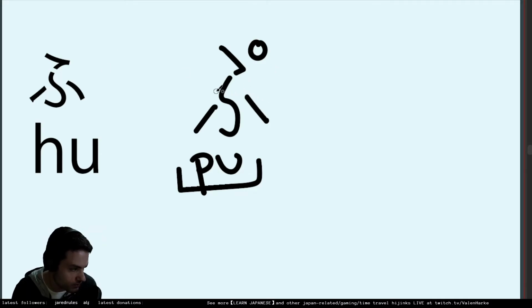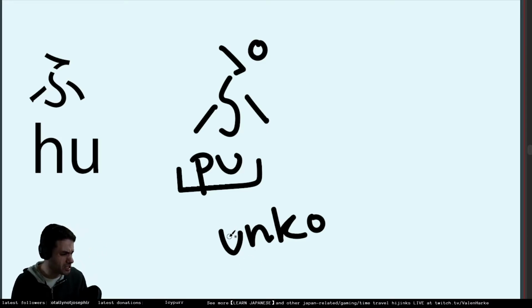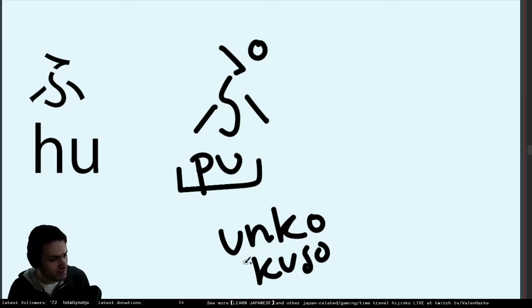And if you want to say poop in Japanese, there's actually a lot of different ways. And your old pal, Professor Valen, is not teaching you that unko means poop. He wouldn't do that. No, but wait, Valen, I watch anime all the time, and they always say kuso. Yeah, well, guess what?